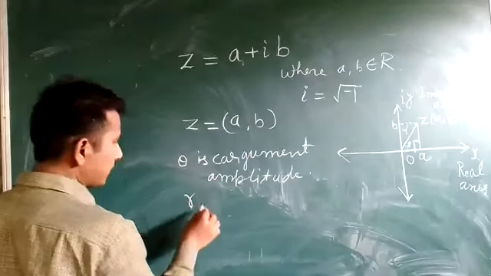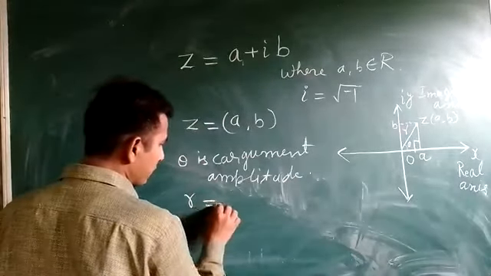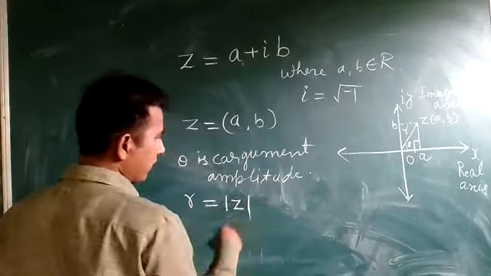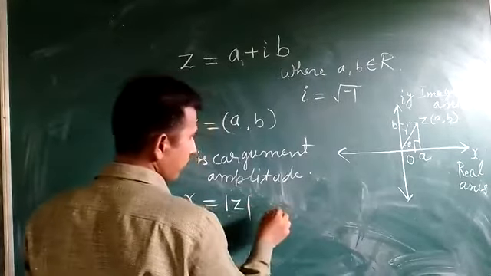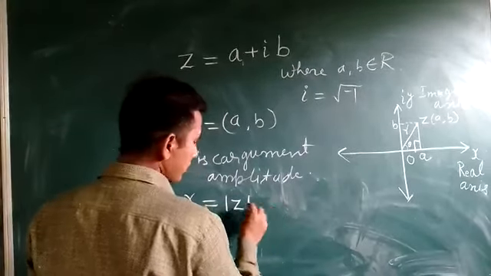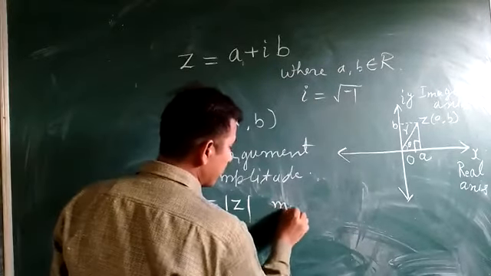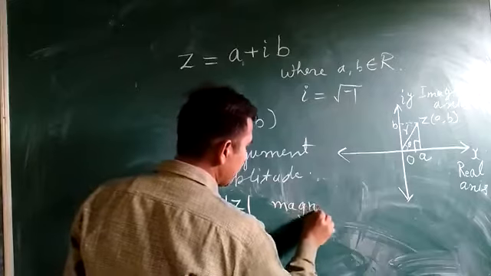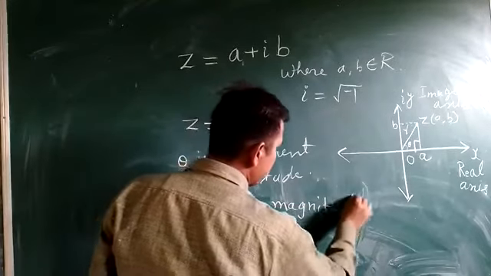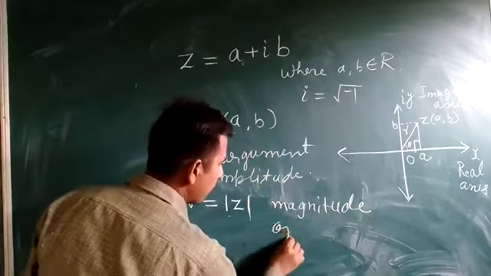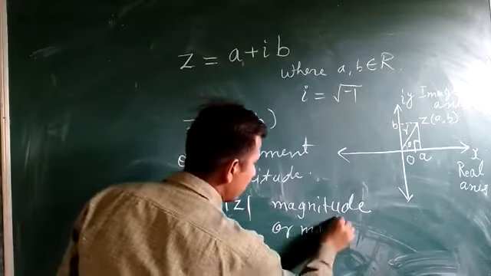And r is equal to mod z, the magnitude or modulus.